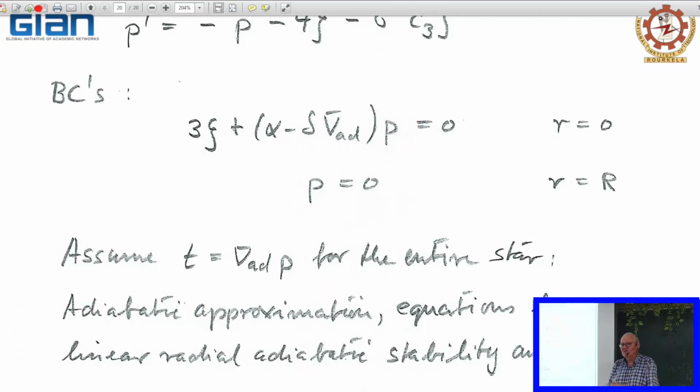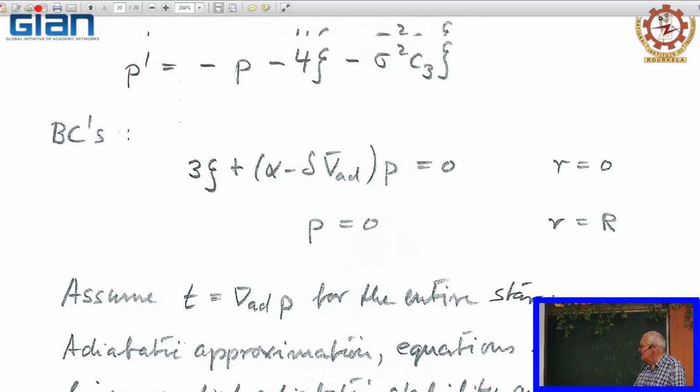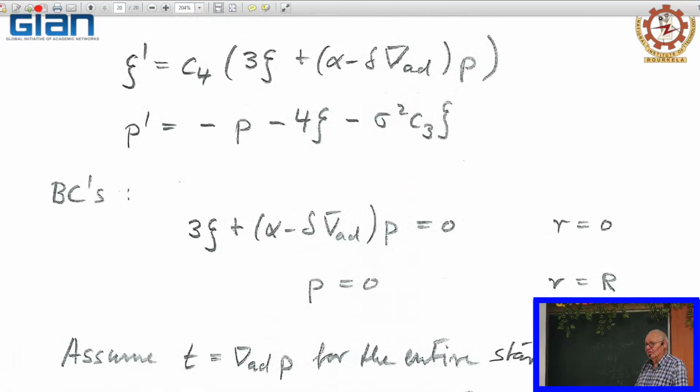These are the equations of the adiabatic approximation for linear radial adiabatic pulsations and stability of a star. So at the same time, we have now derived this approximation, which we shall deal with in detail later on.